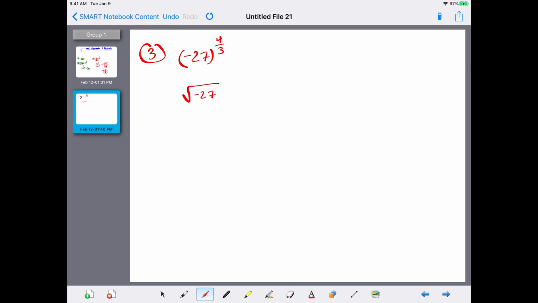So we write our root, and then the denominator of the exponent goes in the index, and then we can raise the whole thing to the exponent of 4. So the cube root of negative 27 is going to be equal to negative 3, which we can raise to the exponent of 4, which gives us an answer of 81.